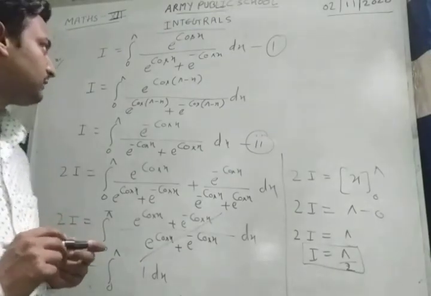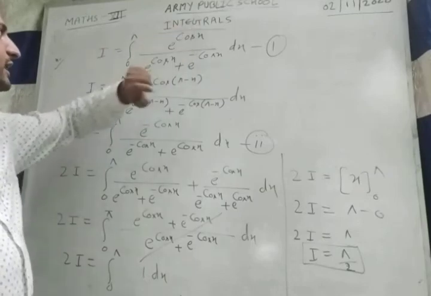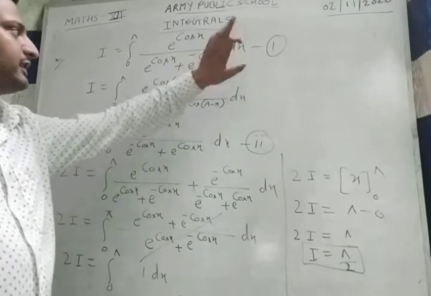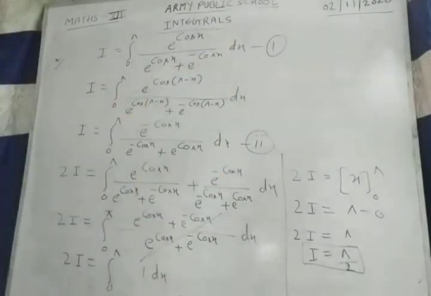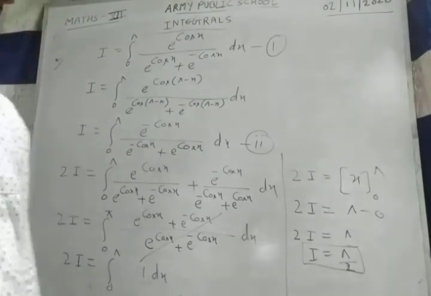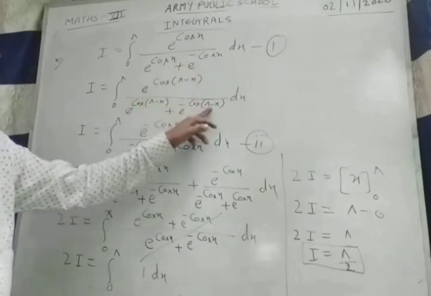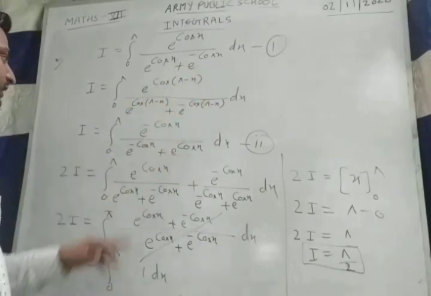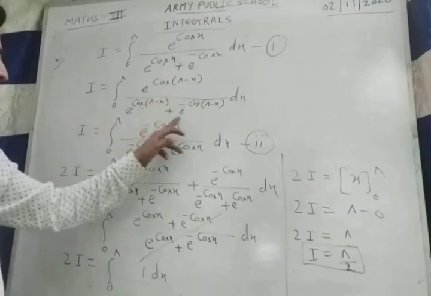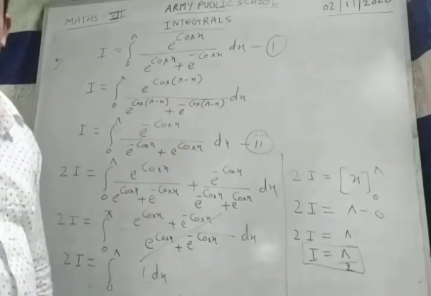So let's see what we have done. We are given I is equal to 0 to pi e to the power cos x divided by e to the power cos x plus e to the power minus cos x dx. So we have applied first the property 0 to a f(x) dx is equal to 0 to a f(a minus x) dx. So we are writing pi minus x everywhere. Now cos(pi minus theta) is minus cos theta, and minus becomes plus cos theta.